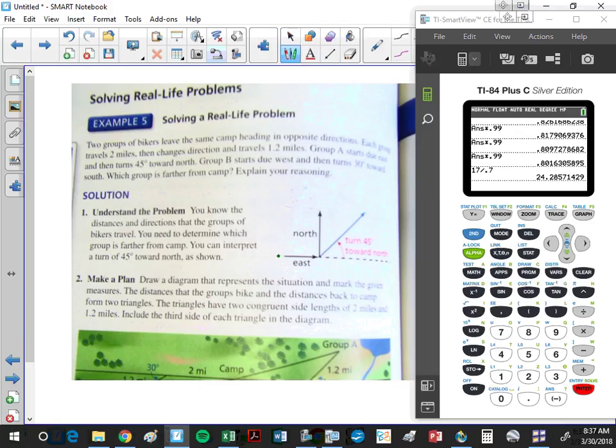So this guy is traveling this direction and he turns that direction. Group B starts due west and then turns 30 degrees towards south. Which group is further from camp? Explain your reasoning. So one guy is traveling due east and turns and goes this direction. Okay.